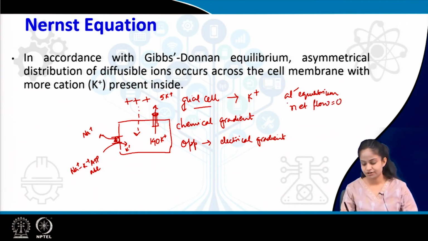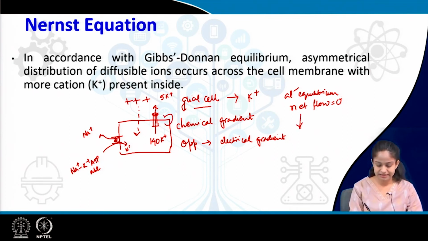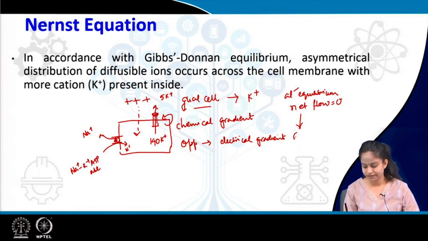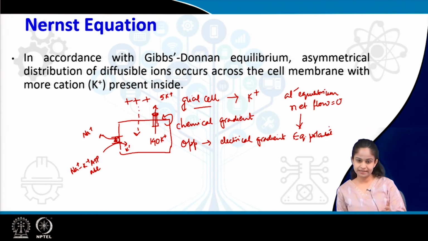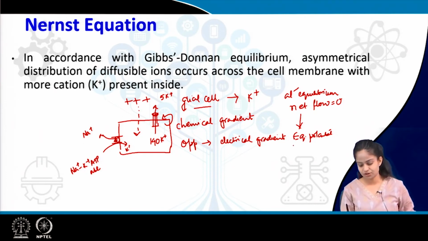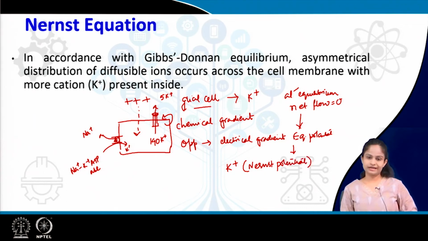So, at this stage of equilibrium, if we calculate the voltage across this cell membrane, this voltage is known as the equilibrium potential. Now, since we are considering potassium ion, obviously this equilibrium potential is of potassium ion, or the Nernst potential of potassium.